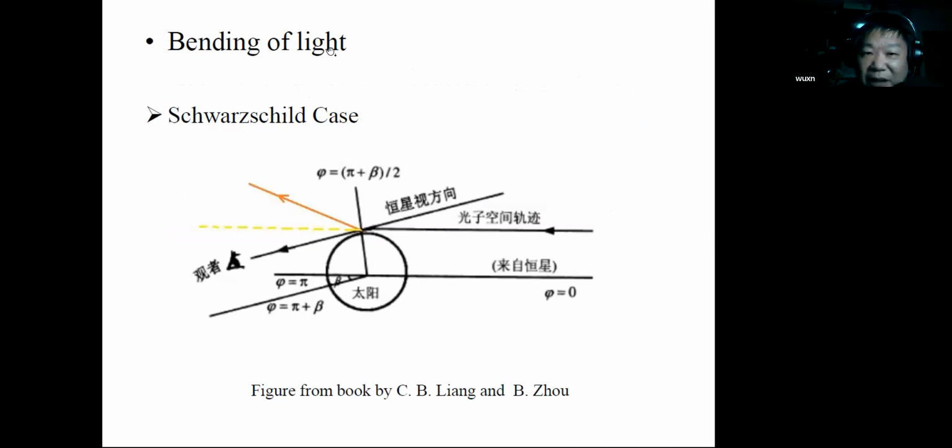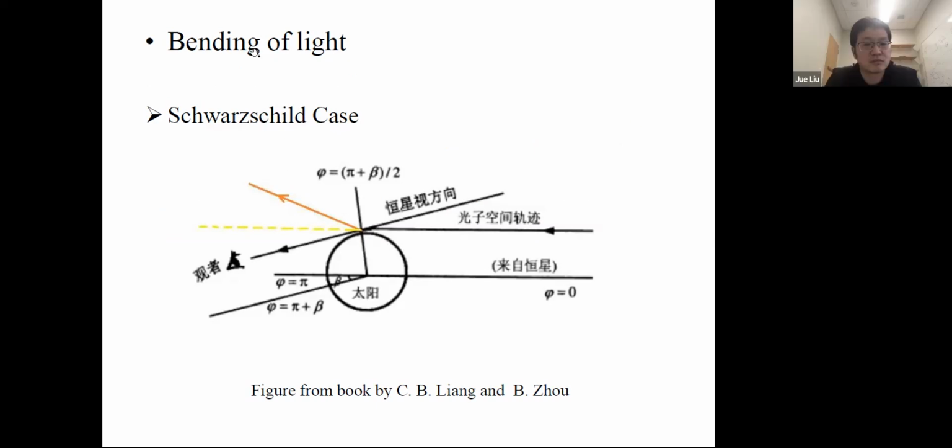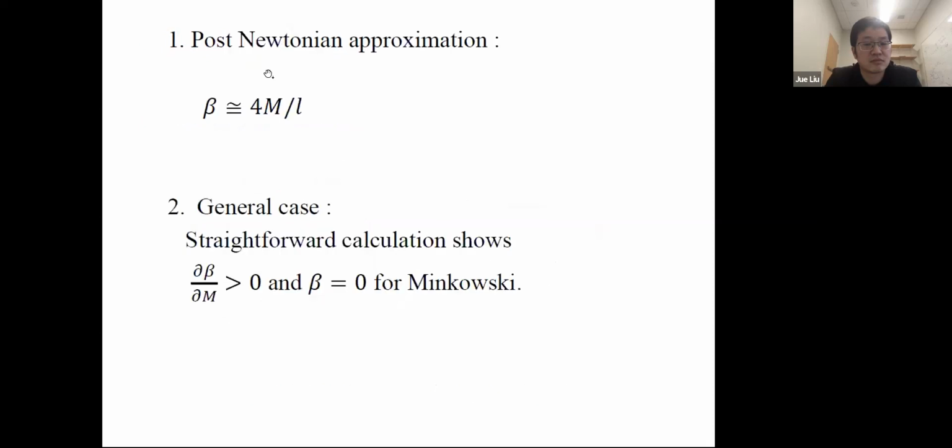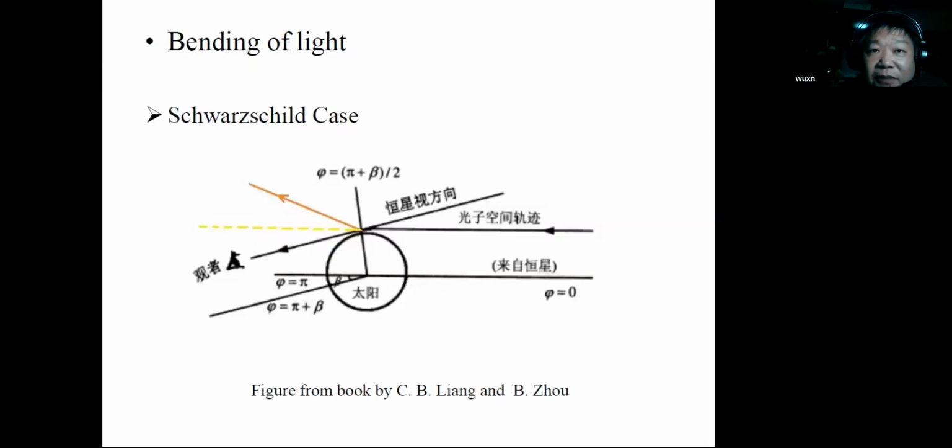It's well known that the bending of light is the first theoretical prediction of general relativity, which has been confirmed by observations. This phenomenon is also closely related with gravitational lensing, which is now a very powerful method to study cosmology. So we can just consider the bending of light in a very simple case.